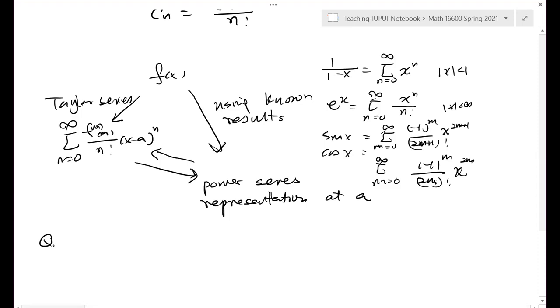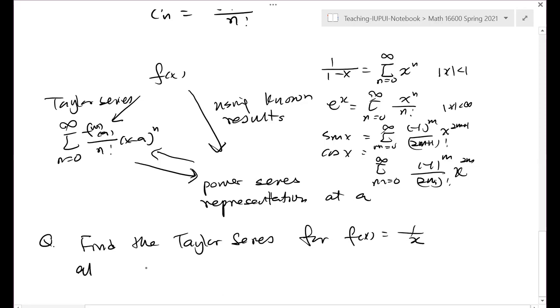So here's a question. Find the Taylor series for the function f of x equals 1 over x at a equals 2.